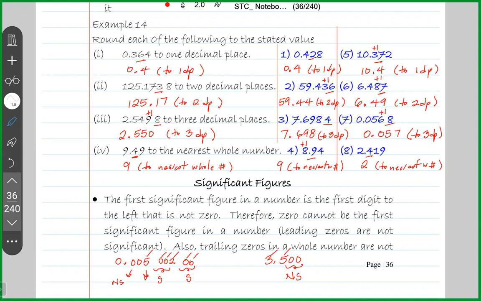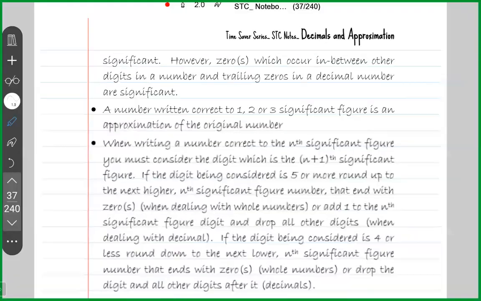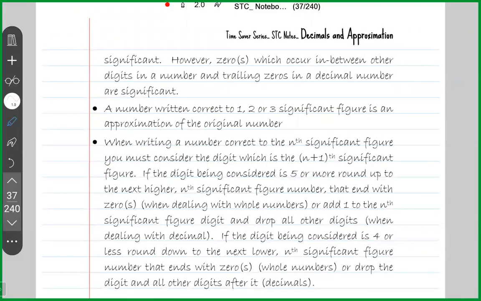Also, trailing zeros in a whole number are not significant. However, zeros which occur in between non-zero digits in a number, and trailing zeros in a decimal number, are significant. We already discussed that.